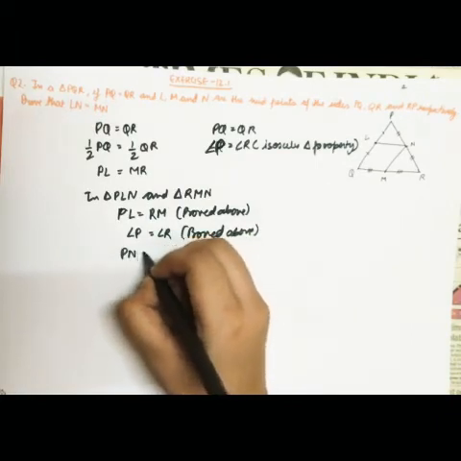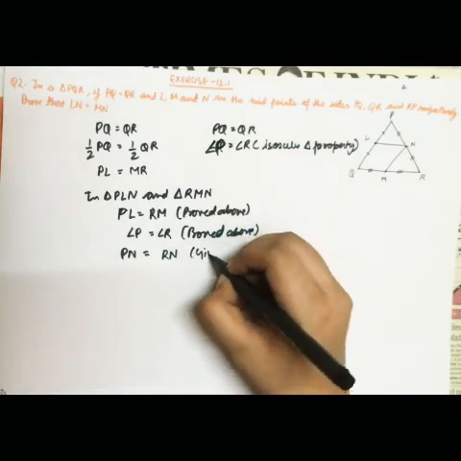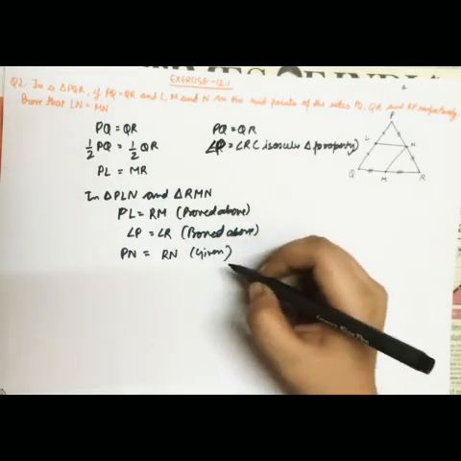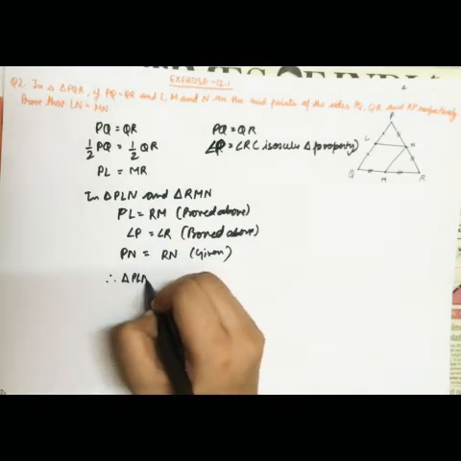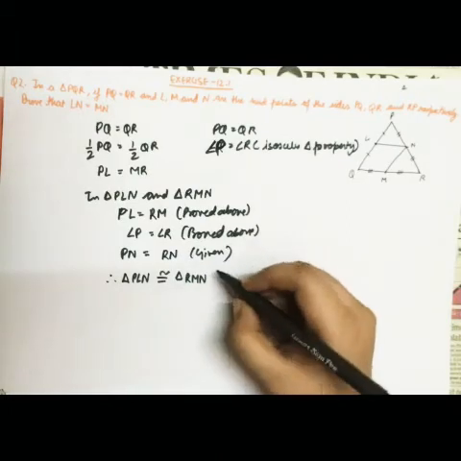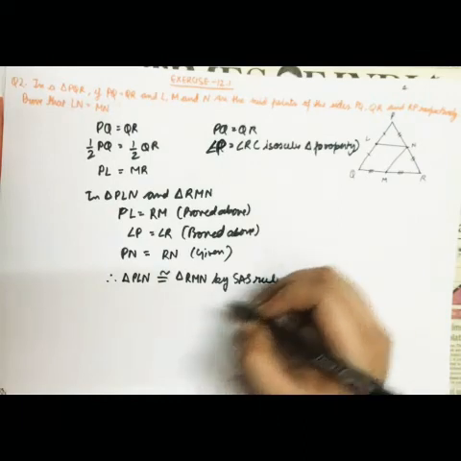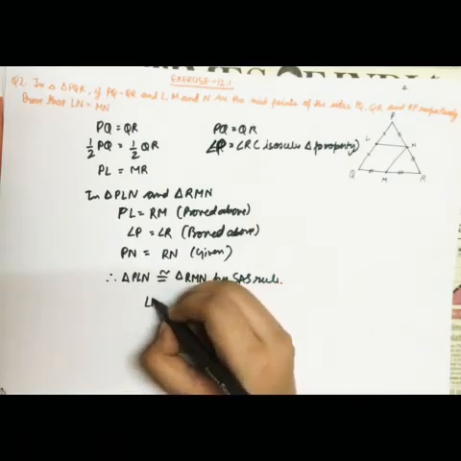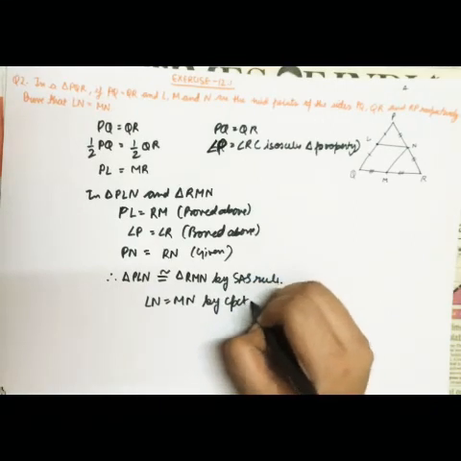And PN is equal to RN as it is given to us. So now triangle PLN is congruent to triangle RMN by SAS rule. Therefore, we can say that LN is equal to MN by CPCT.